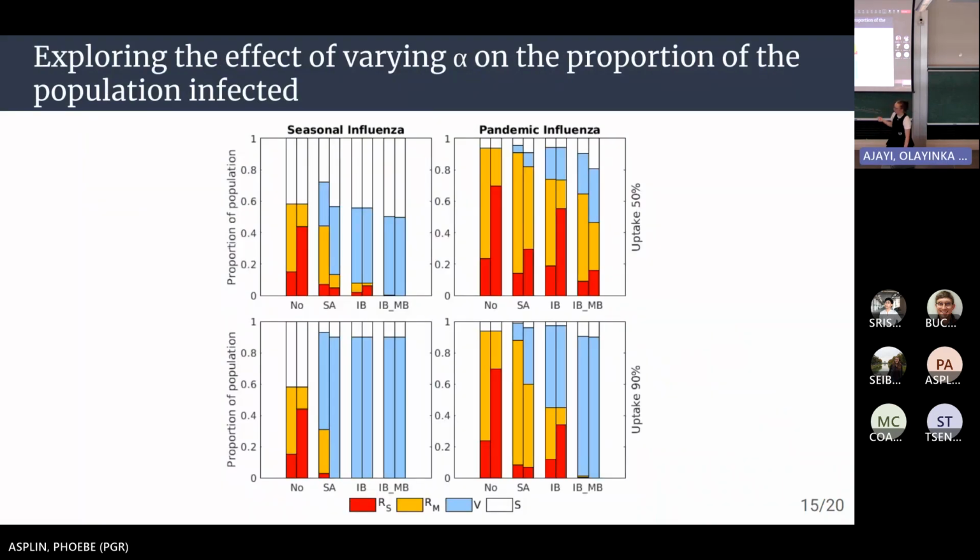Look at this, this is the number of people in each compartment at the end of the outbreak. So these bars are the total number of severe cases, and the yellow is the total number of mild cases.